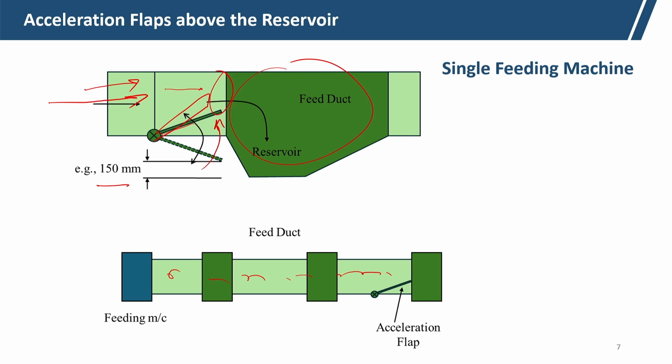To keep the pressure intact, we are using the accelerating flap. Suppose machine 1, 2 does not need it, machine 3 needs it, and for machine 4 the accelerating flap's direction will be a little bit above that. So, the gap should be less, so that it gets accelerated. In this way the fiber transportation continues.